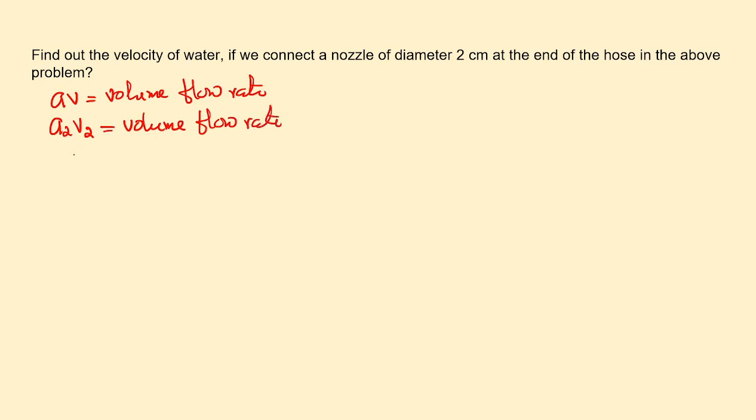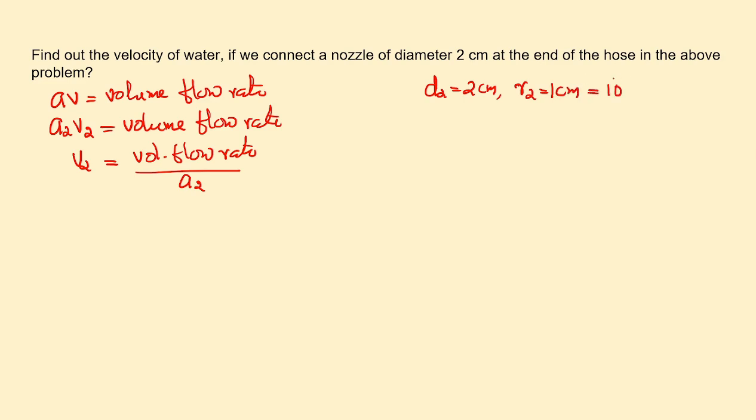From that we can find V2. So V2 is equal to the volume flow rate divided by area of cross section A2. We are given D2 is equal to 2 centimeter. Therefore, R2 is equal to 1 centimeter, that is equal to 1 into 10 raised to negative 2 meter.